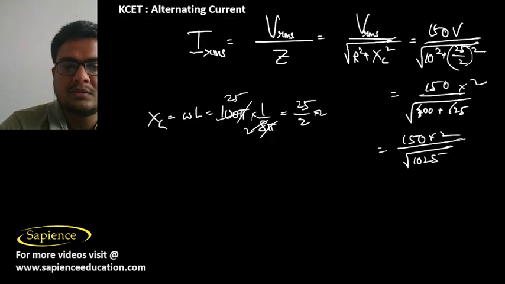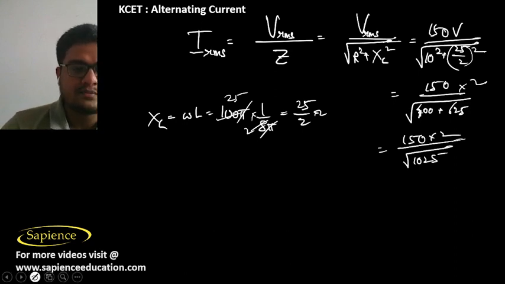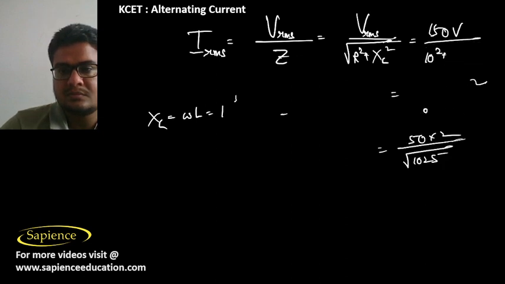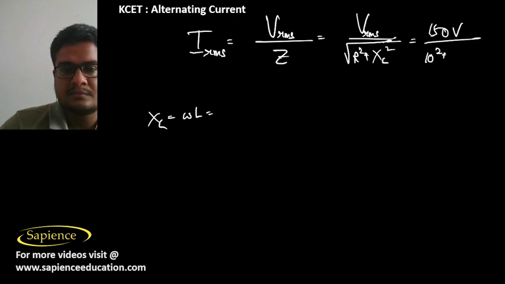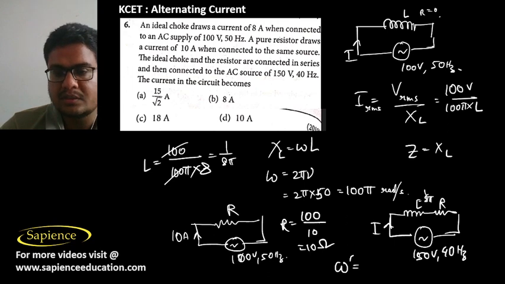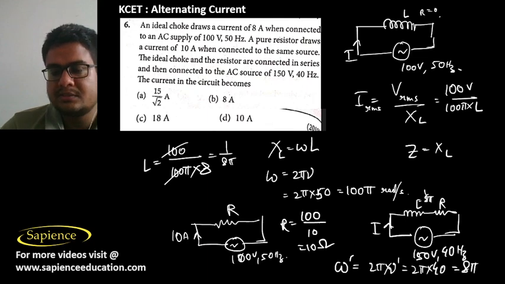So here actually, sorry, it is wrong. Here also we have to use the new value of omega, that is omega dash, which is 2 pi into nu dash, 2 pi into 40, that is 80 pi.